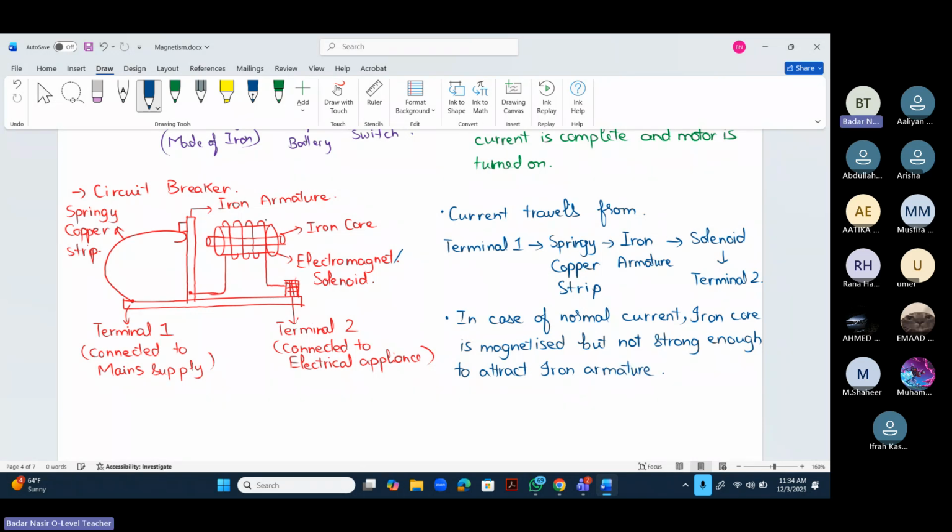Okay. So this iron core is not strongly magnetized to attract the iron armature.